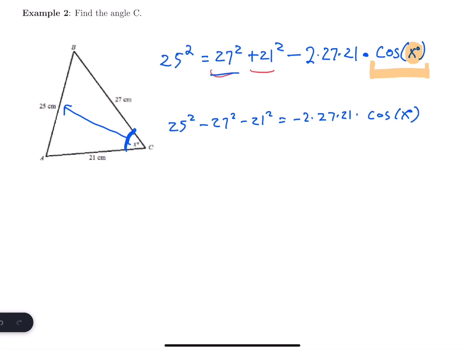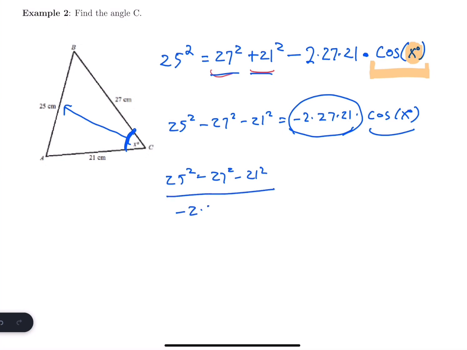So I subtract these two. Then I have negative 2 times 27 times 21 times cosine x. Divide both sides by this number. So I have 25 squared minus 27 squared minus 21 squared, divided by negative 2 times 27 times 21, equals cosine of x degrees.